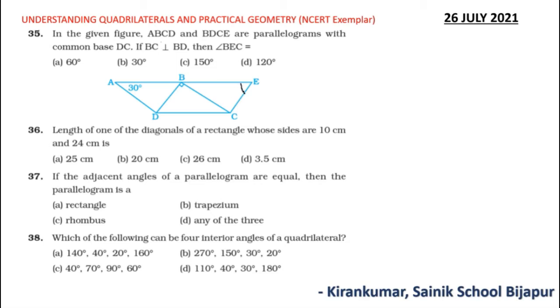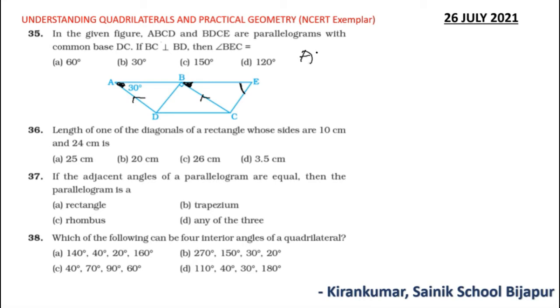This is that particular angle, right? We know that whenever two parallel lines are intersected by a transversal, pair of corresponding angles are equal. Observe carefully this particular angle which I am marking now is corresponding to this angle 30 degree.